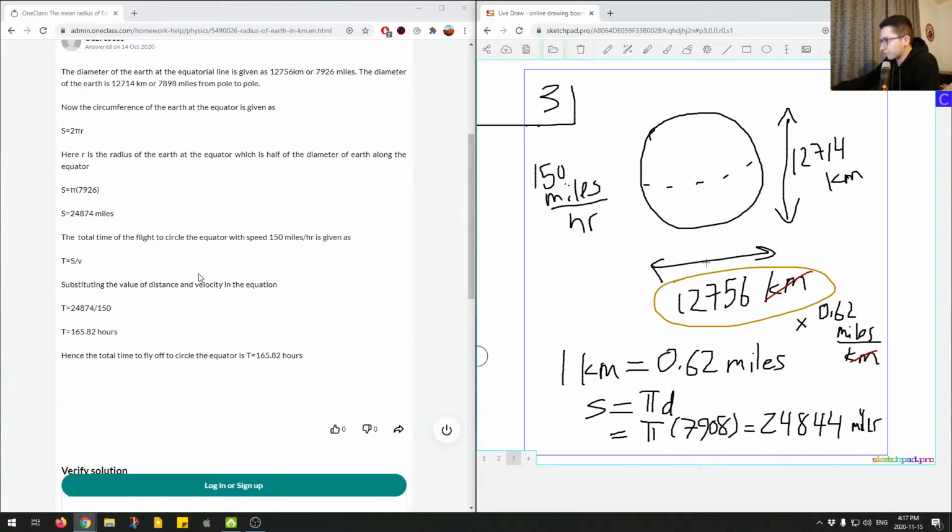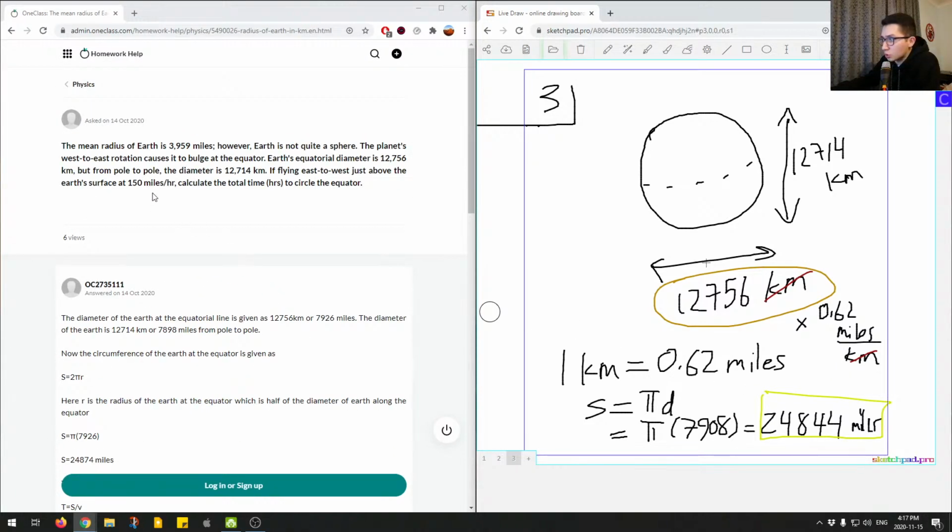And then finally, note that we want the 150 miles per hour. So we have this value here. Let me highlight that. We're going to use this, and we're going to multiply it or divide. So here we're going to divide.